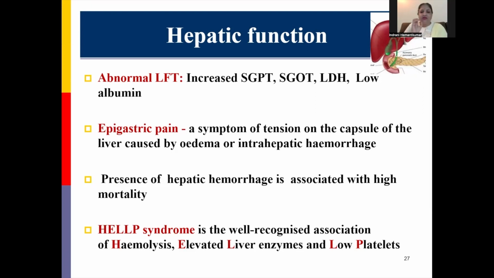So this could be because of tension on the capsule of the liver, caused by edema or intrahepatic hemorrhage. Presence of hepatic hemorrhage is associated with a very, very high level of mortality. So, patient has developed HELLP syndrome. And what is HELLP syndrome? HELLP syndrome is hemolysis, elevated liver enzymes, and low platelets.